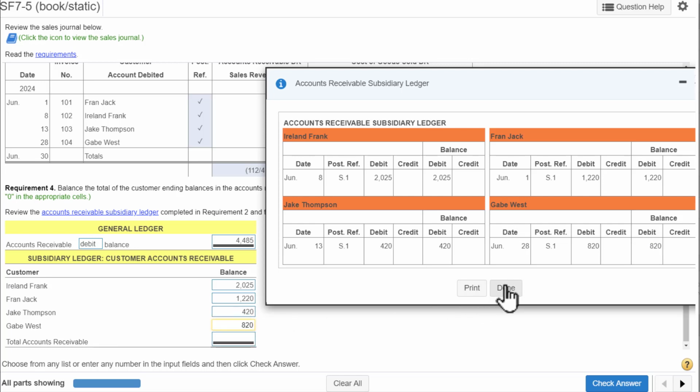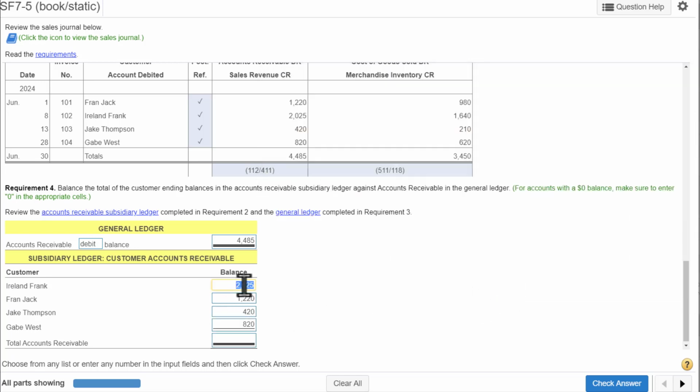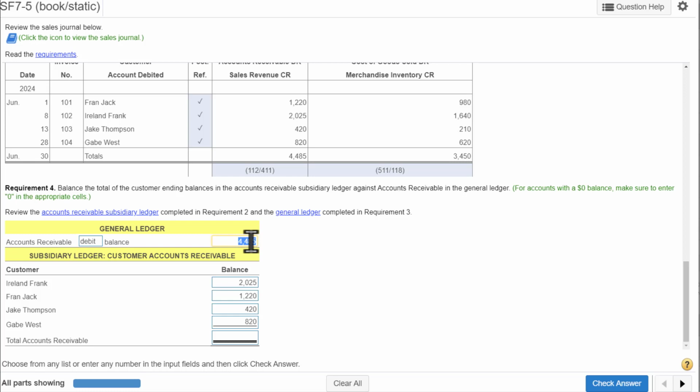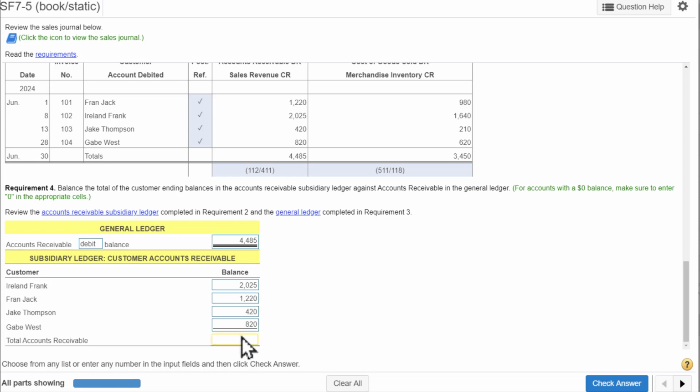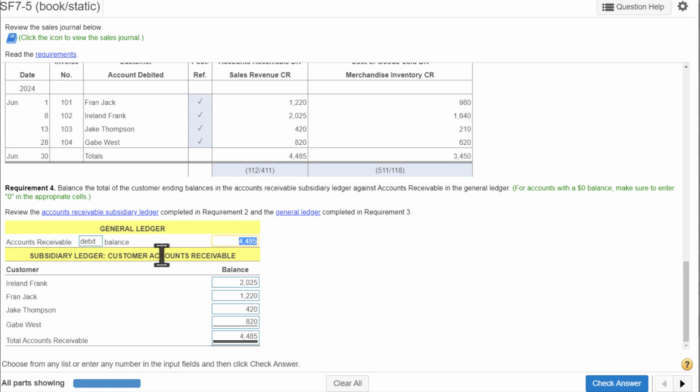So now we have to add these four up, and they had better equal the same amount that's in our AR general ledger. And it is. If you add them up, you get 4,485. So the AR account in the general ledger is the control account for the AR subledger.